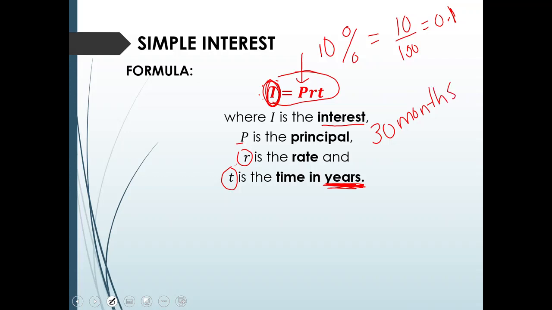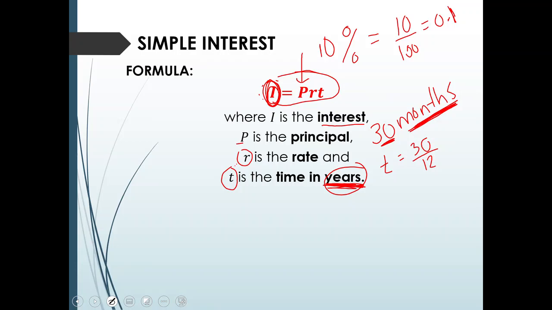If it's in months, how to change this one? Again, T should always be in years. So therefore, T will be 30 divided by 12. So everything in months you will divide by 12. Because remember, in a year, there are 12 months.